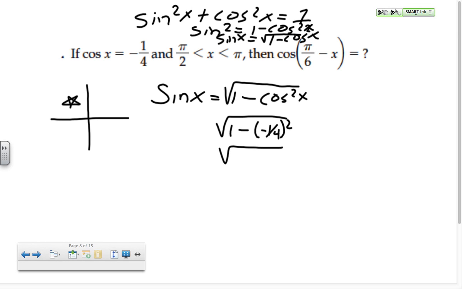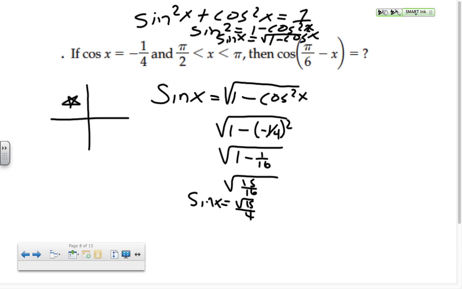So it's the square root of 1 minus 1 over 16. 1 minus that is the square root of 15/16. So the sine of x equals the square root of 15 over 4. Okay, so that's the very, very first thing we do.